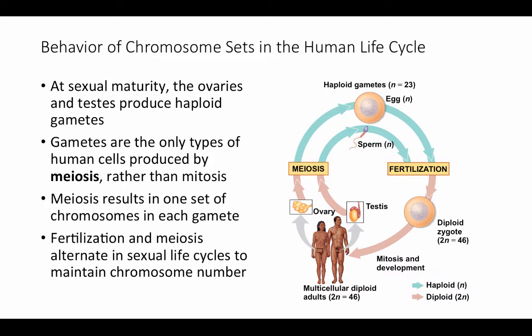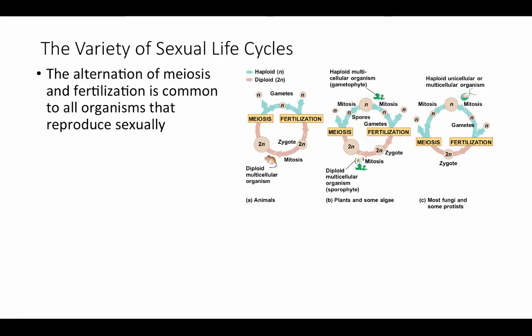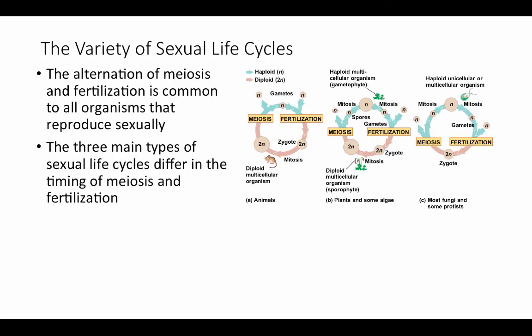Fertilization and meiosis alternate in sexual life cycles to maintain the chromosome numbers. So we've got a cutting in half and then a doubling up to maintain that constant chromosome number through the generations. And so this alternation of meiosis and fertilization is common to all organisms that reproduce sexually. But there's variations on this theme based on what part of the life cycle produces multicellular organisms.